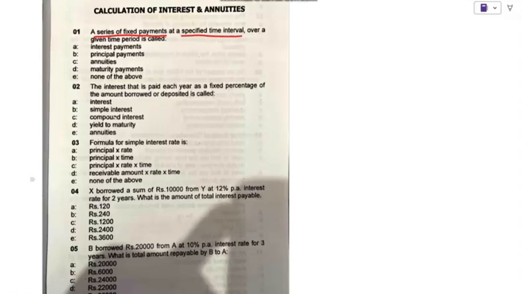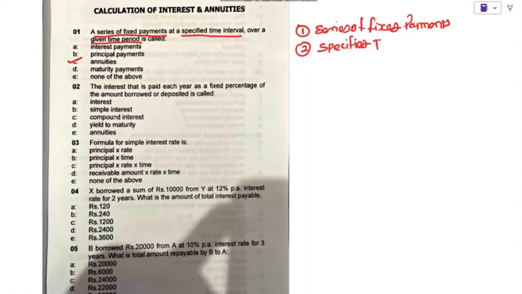Second, specified time interval. Third, over a given time period.